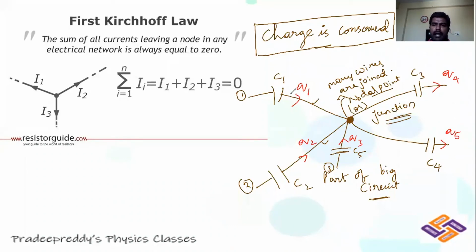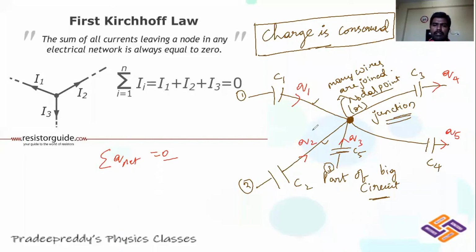For example, as a whole, if 100 coulomb of charge comes to the nodal point from the first three wires, then 100 coulomb of charge should definitely go out from the nodal point. There is no net charge present at the nodal point. So that is what summation of Q net is equal to 0.